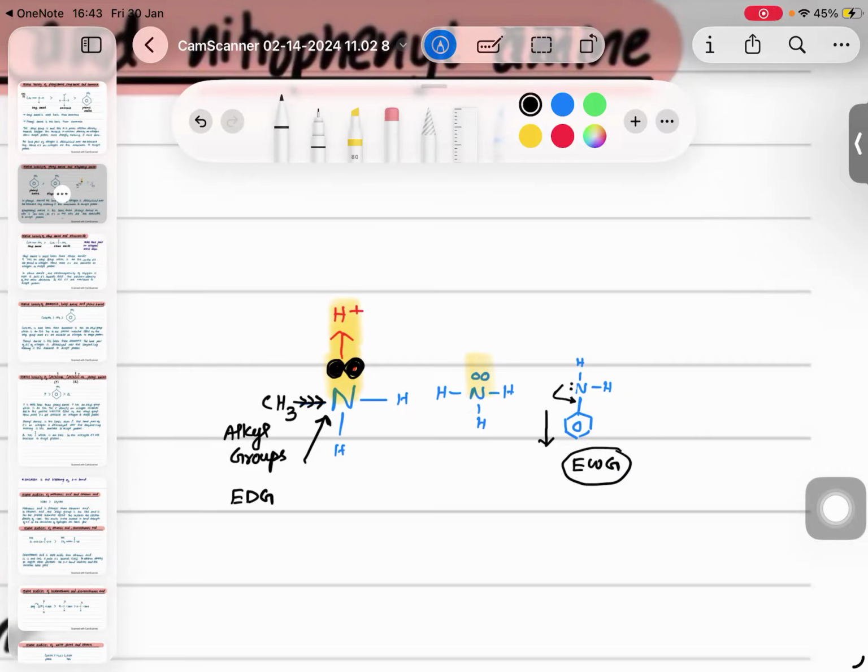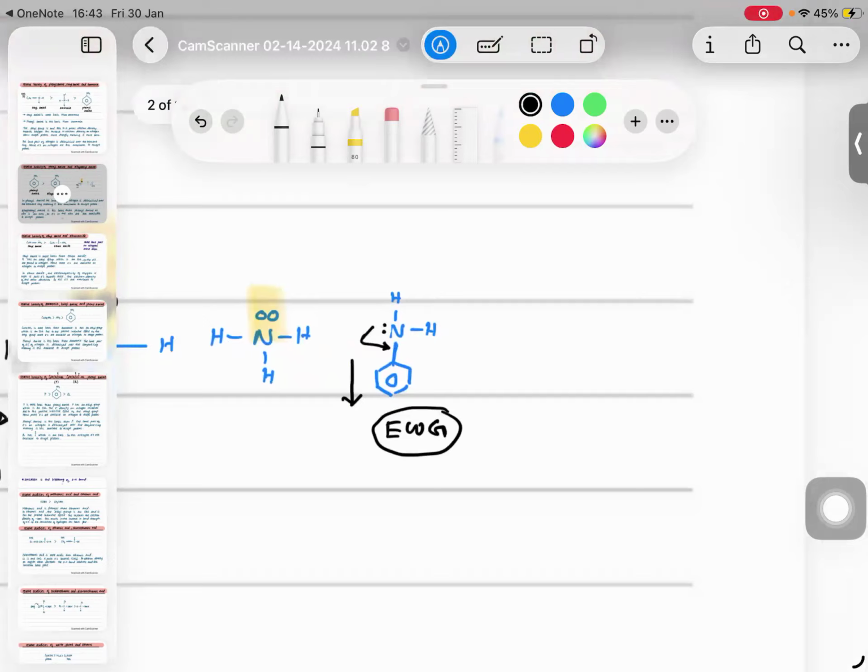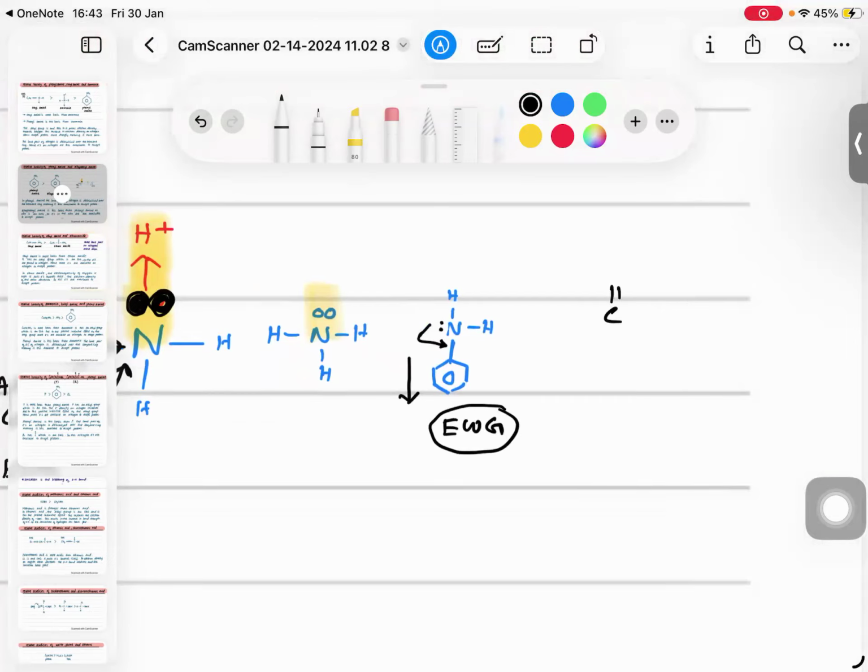Then we learned how this happens in amines. If I put C=O with NH2, and then, for example, I put phenyl, or even let's say a normal alkyl group, then what about this?